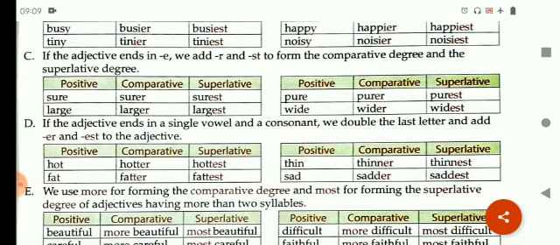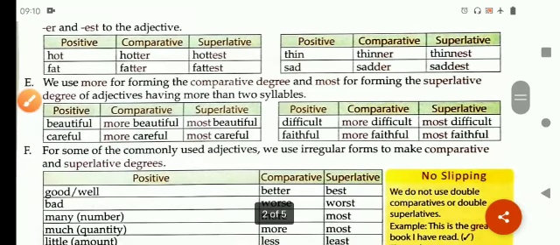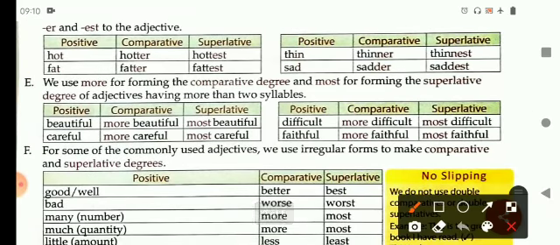Now come to the next rule. We use more for forming the comparative degree and most for forming the superlative degree of adjectives having more than 2 syllables. Beautiful. To make the comparative degree of beautiful, we add more before the adjective, and most to make the superlative degree.